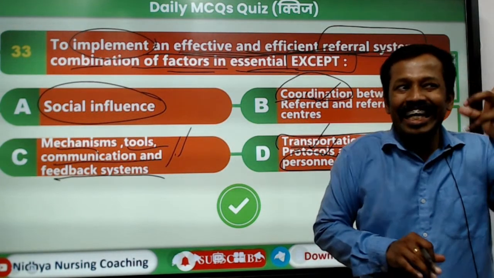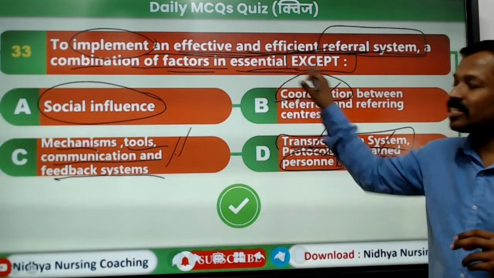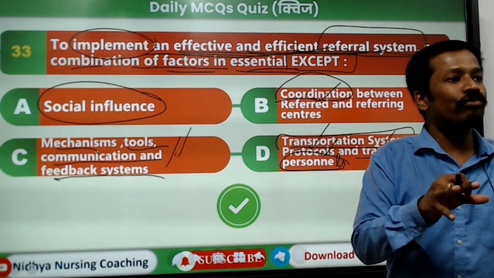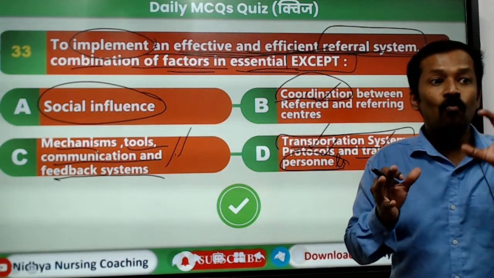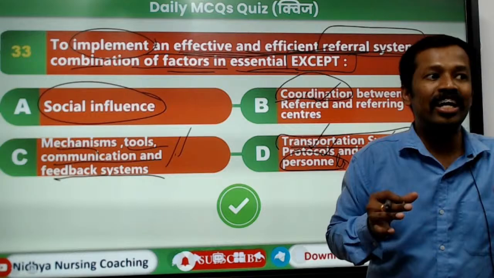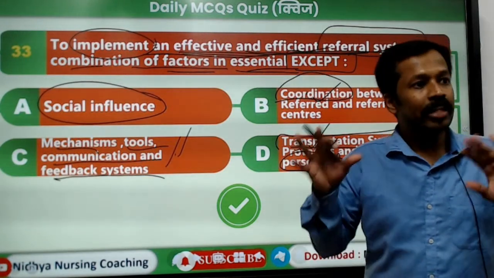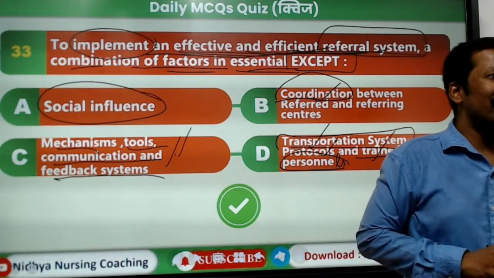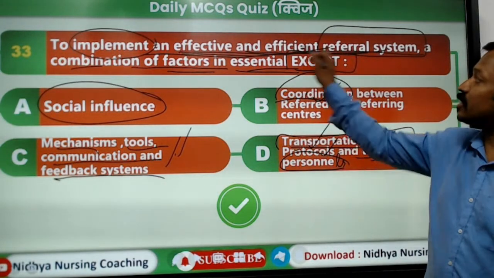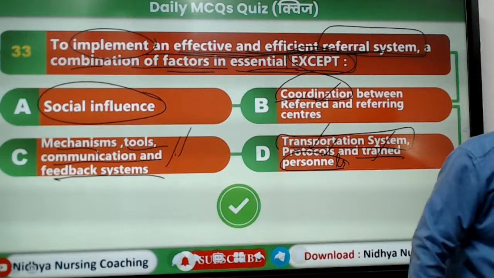That is the trickiness in the question. All these are factors of a referral system. With these factors, what combination do we need for referring? We need to know except which is not necessary. That is the exact question. Have you got the meaning of the question?